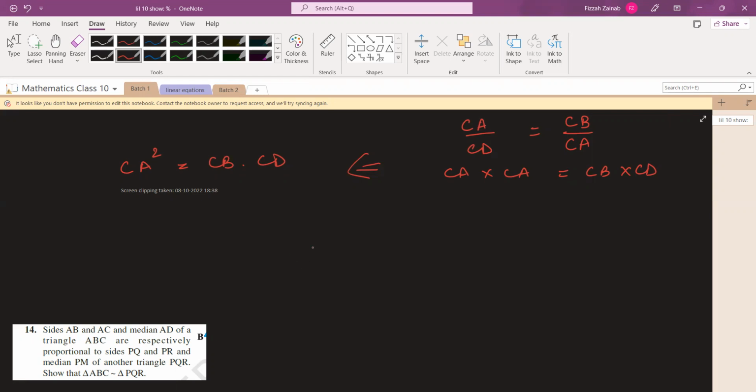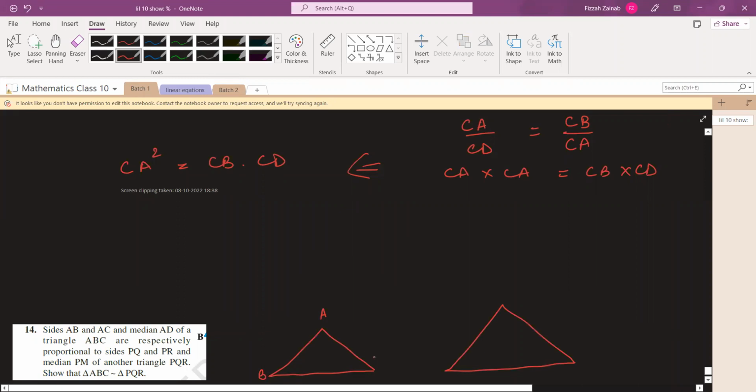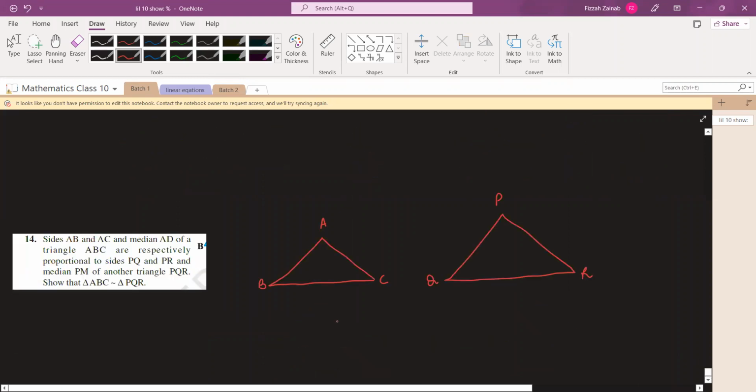So let's draw two triangles. One is this, if I draw it here, and then another triangle PQR. So A, B, C, and PQR. These are two triangles. Now sides AB and AC.